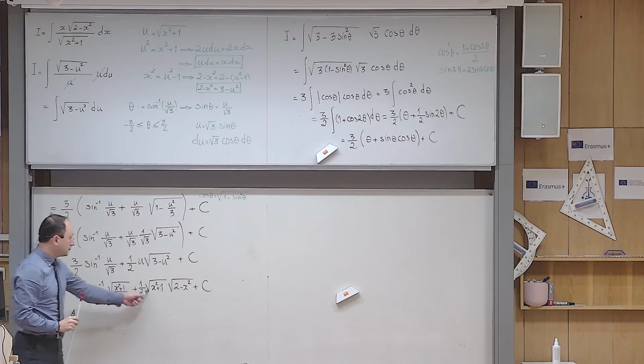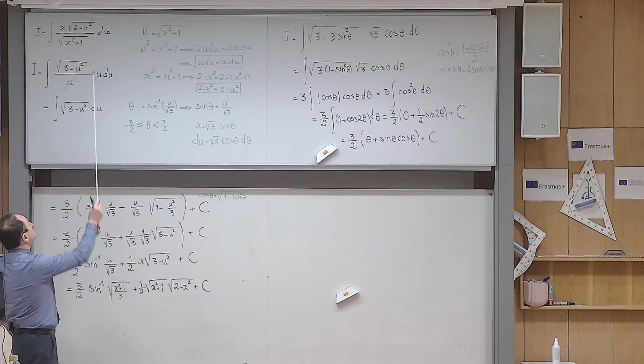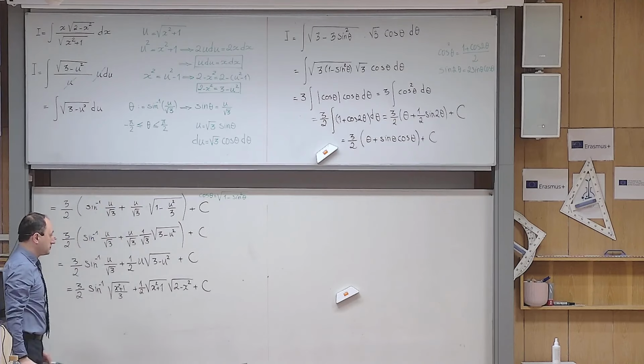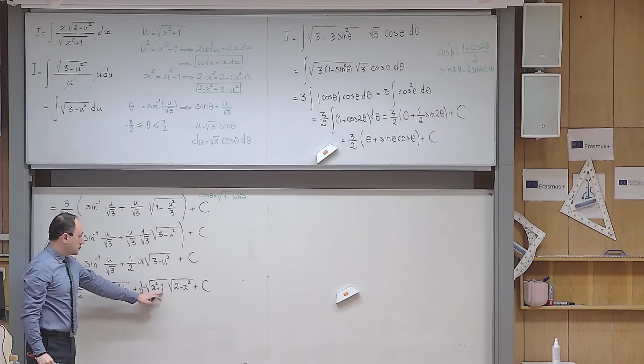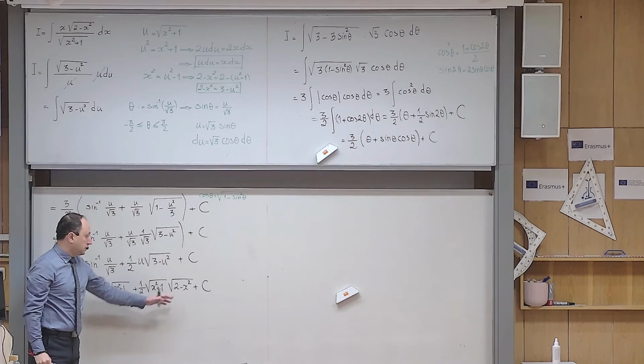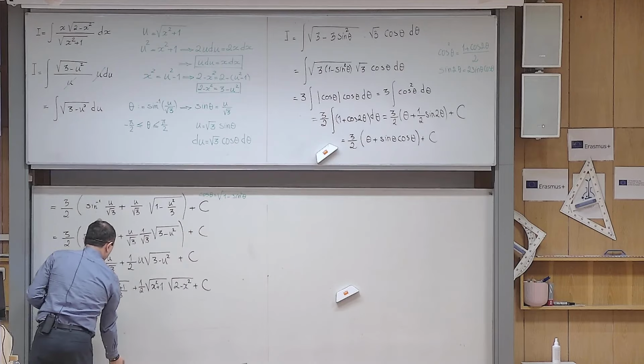Of course, I can combine these two square roots. Why? Because if this problem is supposed to make sense, 2 minus x squared should be non-negative. So here x squared plus 1 is positive, 2 minus x squared is non-negative. I multiply them so I can combine them into one square root sign, and then I am done.